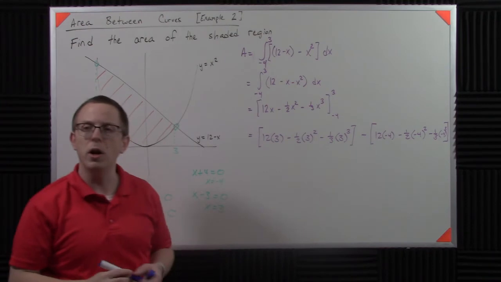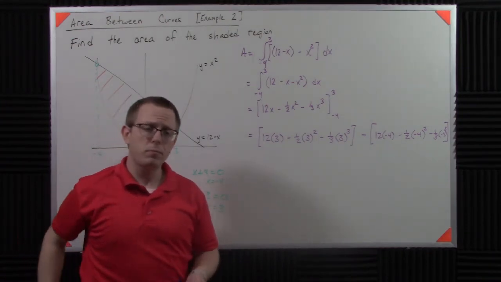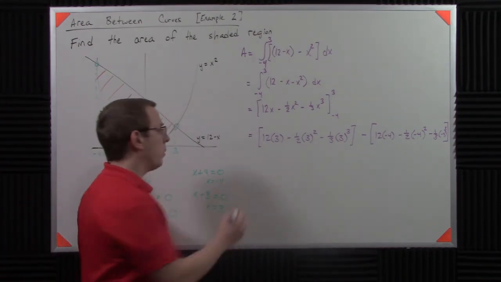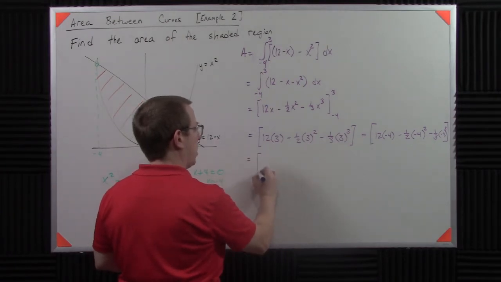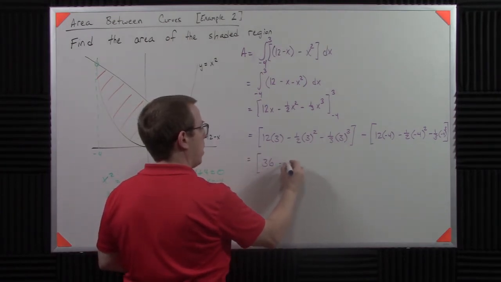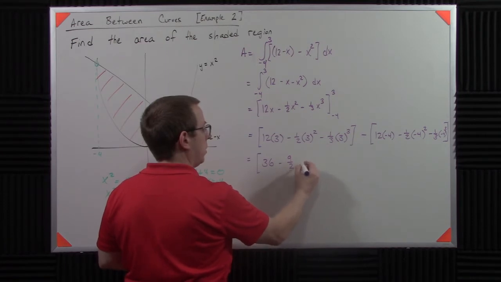Kind of running out of room there. Let's keep on plugging in here. That's going to be 36 minus 9/2 minus 9.